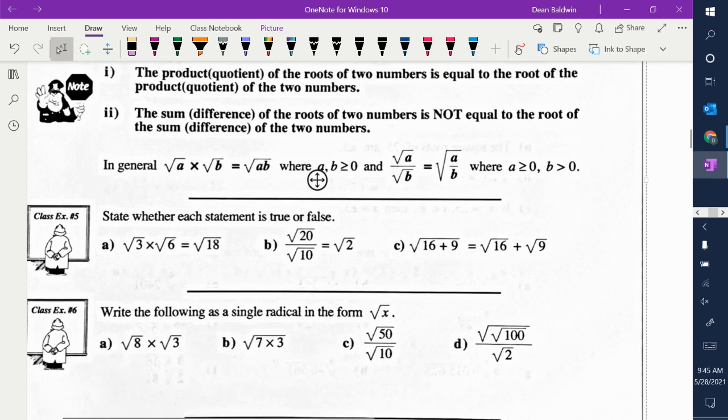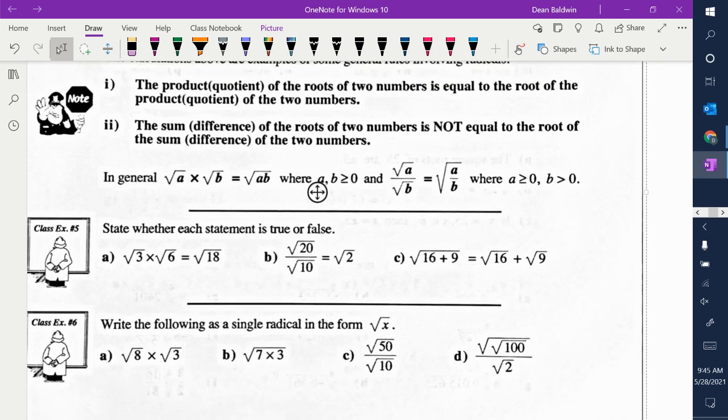So, for example, root 3 times root 6 equals root 18. Is that a true statement? Yes, it is, because it's multiplication, right? And 6 times 3 is 18. Root 20 over root 10, is that root 2?